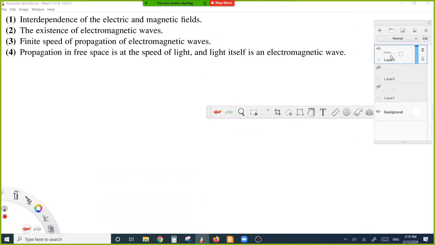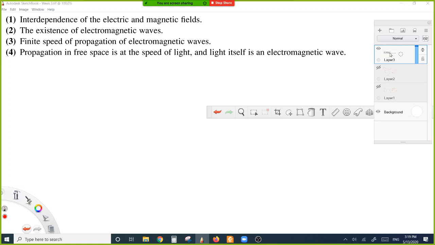Well, very first and very obvious conclusion is interdependence of the electric and magnetic fields. Okay, electric fields and magnetic fields are related to each other. Well, it is obvious.